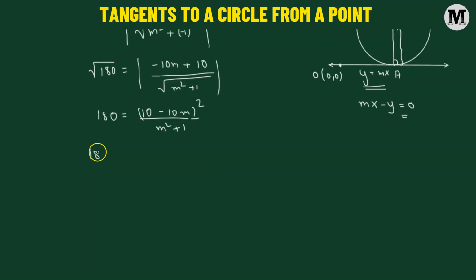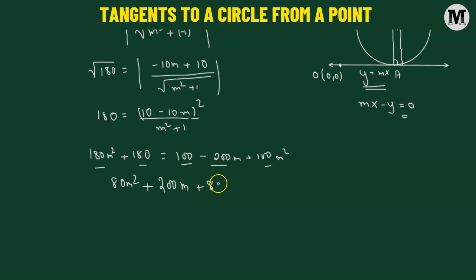We get 180m squared plus 180 equals 100 minus 200m plus 100m squared. So 180m squared minus 100m squared gives us 80m squared. Then we transpose negative 200m to the left hand side to get positive 200m. And then we have 180 minus 100, that's 80, equals 0. So we're going to factor out 40 from each of the terms.